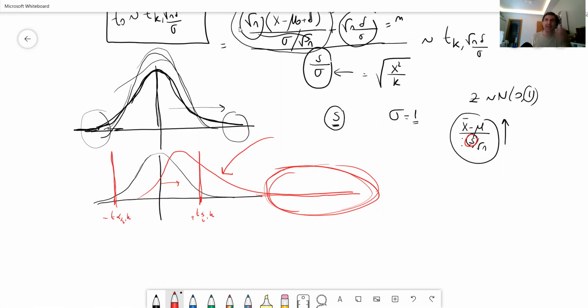And what was the type of error that we would commit here? If the t value that we find, which is x bar minus mu0 over s over square root of n, is here, then we would be committing a type 2 error, because actually H0 is wrong. This is not the distribution from which we are sampling. So we should find the area of this curve between these two points.